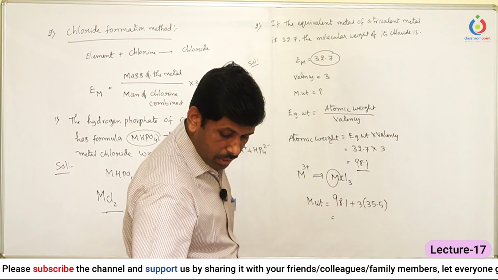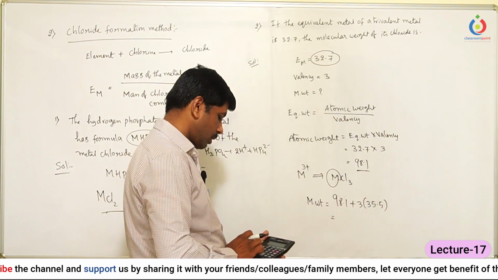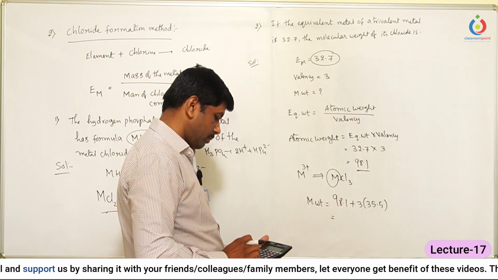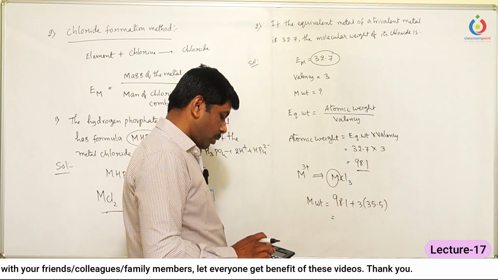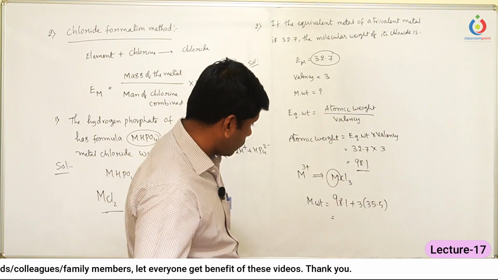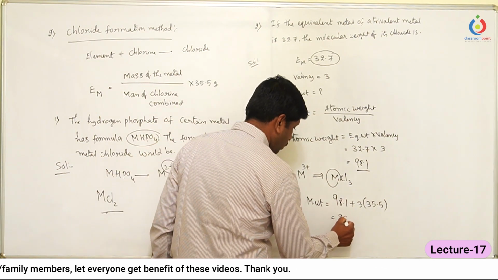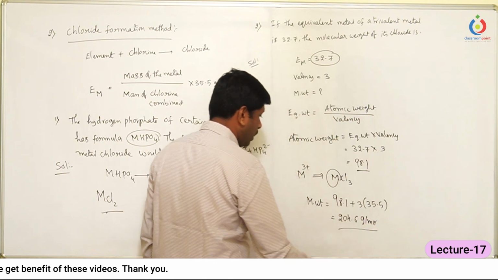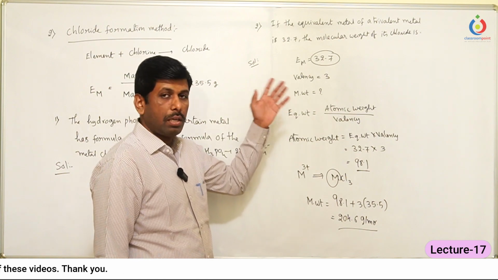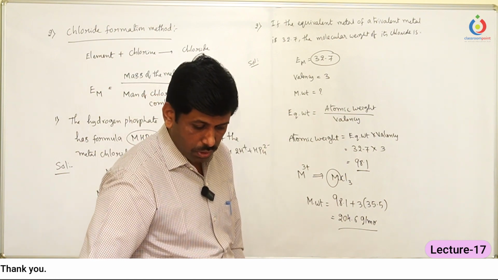So 35.5 into 3 plus 98.1 is 204.6. 204.6 grams per mole is the molecular mass of that particular metal chloride. Let us have some more questions.